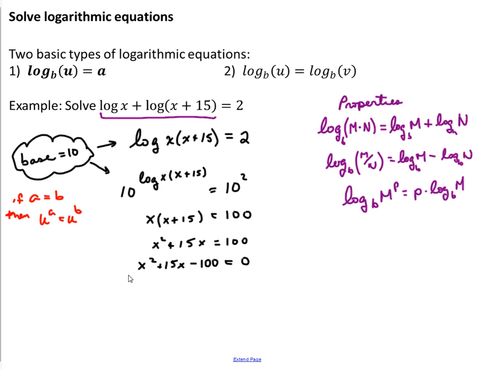Our factors on our left-hand side, let's see. We're going to have two binomial factors, x and x. And let's see, negative 100. What two numbers could we get to multiply together to give us negative 100, but add up to positive 15? Well, what are our choices?